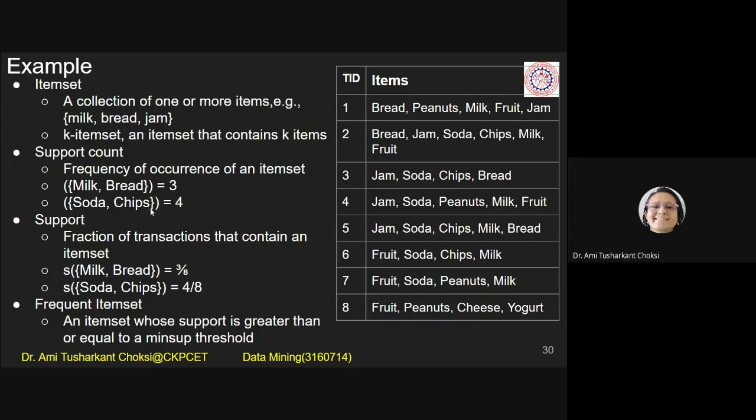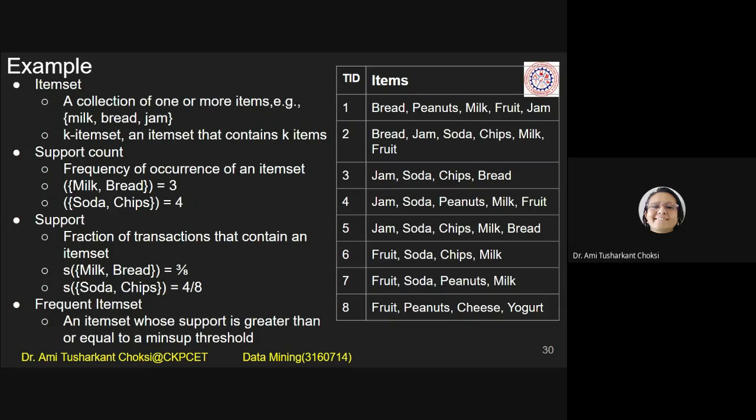Soda and chips. Let us check where they are available together. Order doesn't matter. Whether chips come first or soda comes first, or soda is there, some items are in between, and then chips is there, it doesn't matter. Sequence doesn't matter to us.